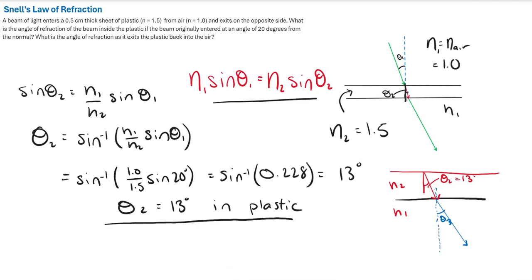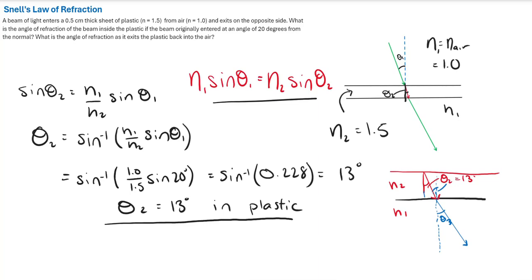Now, how do we find the angle up here, our new incident angle? Luckily, if we know some geometry, we know that this angle is also just going to be 13 degrees. So this angle is also theta 2, 13 degrees. Now we can use some trig to figure this out.